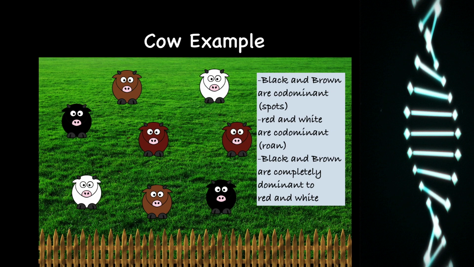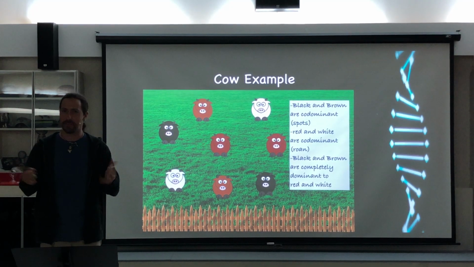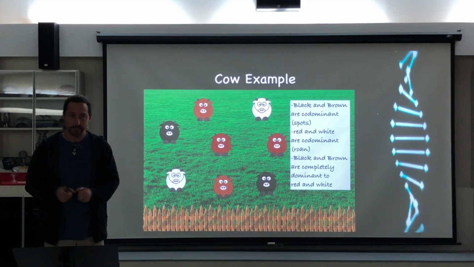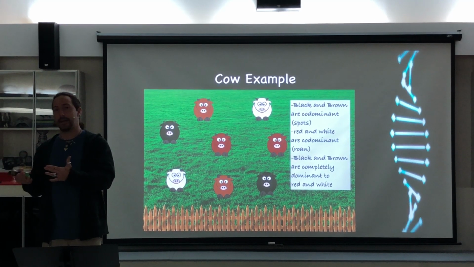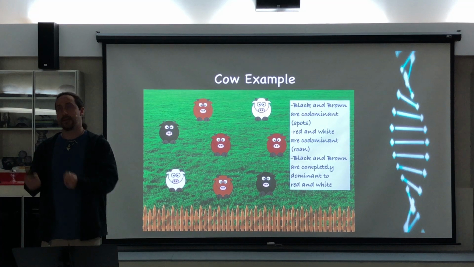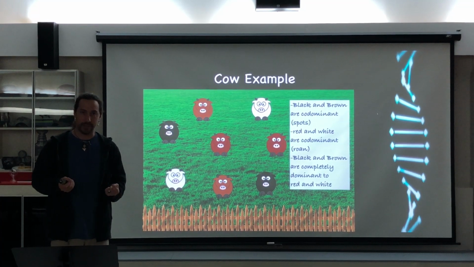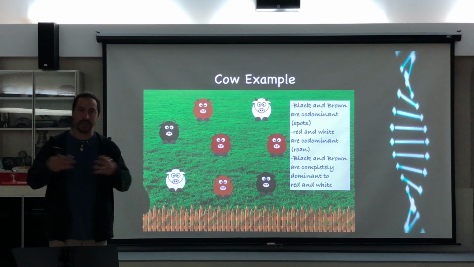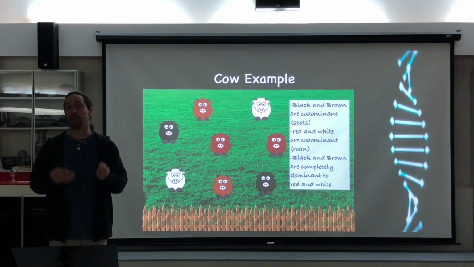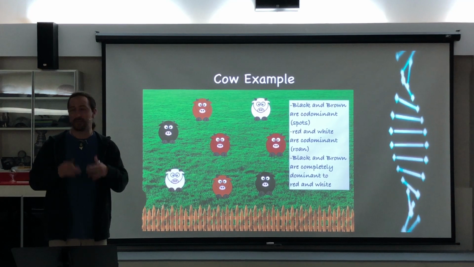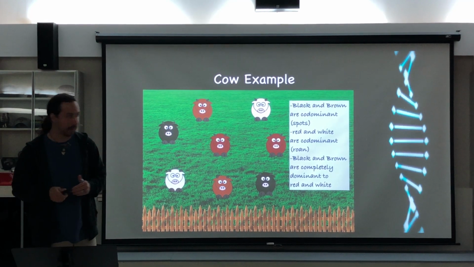It'll actually be black with brown spots or brown with black spots, depending on how you want to look at it. A red allele and a white allele are also codominant to each other. And when they come together, they make a color called roan. Roan is really special, and we'll look at that in a little bit.